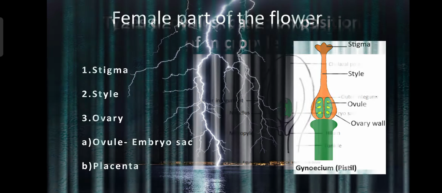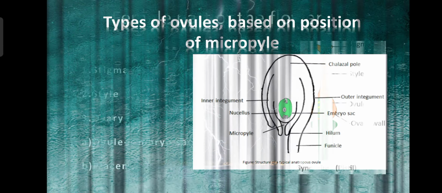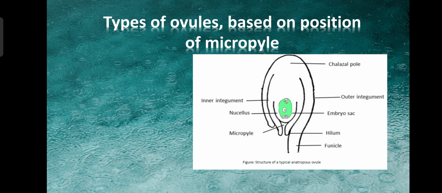Now, we will study about the ovule. There are around 6 different types of ovule based on the position of the micropyle.